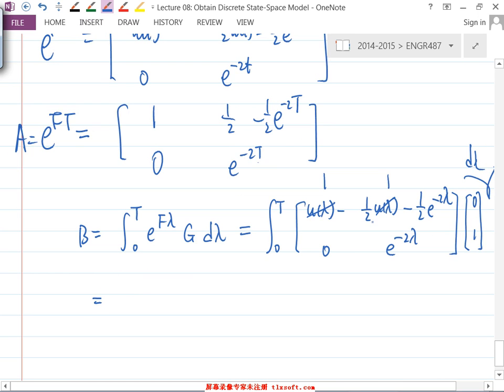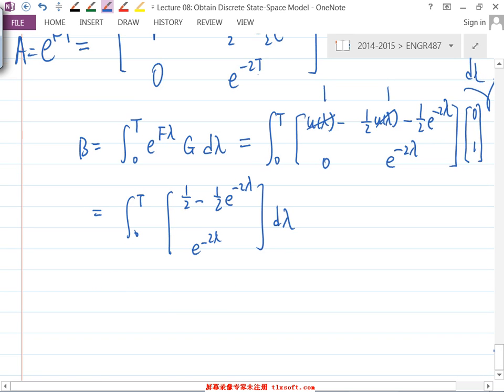So then you can do the integral from 0 to T. When you multiply by this, what do we end up with? Just a vector now: 1/2 minus 1/2 e to the negative 2 lambda, and then e to the negative 2 lambda, d lambda. So it's the integration of the two elements here, which should be pretty straightforward. What is the integral of the second element here?